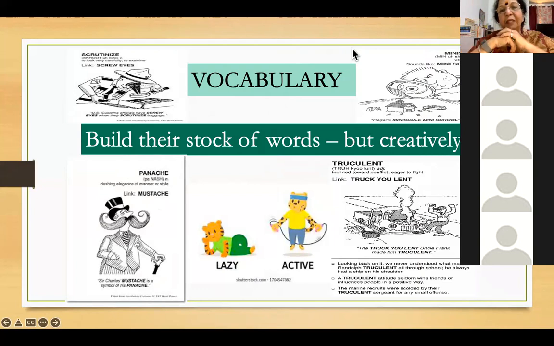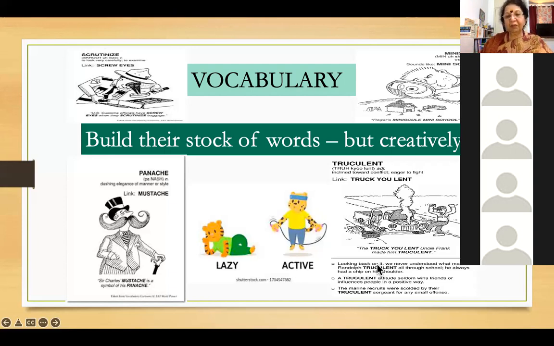How to articulate is you find another word which they know, which has a similar sound. Like here it says scrutinize, so eyes, you're scrutinizing with your eyes like that. And here it says minuscule, so it's minuscule. And here, truculent.